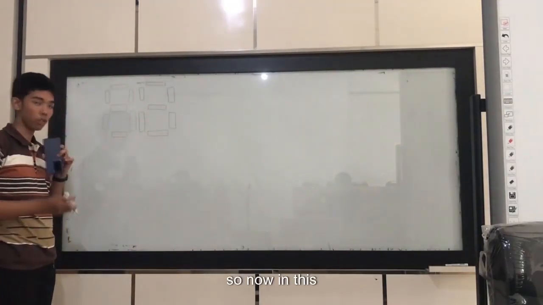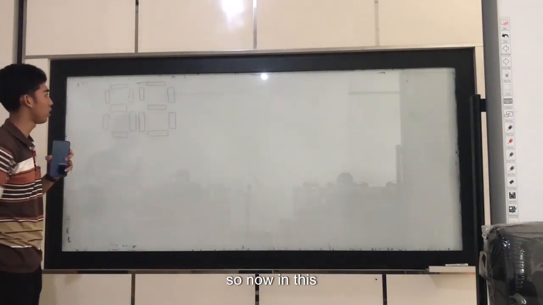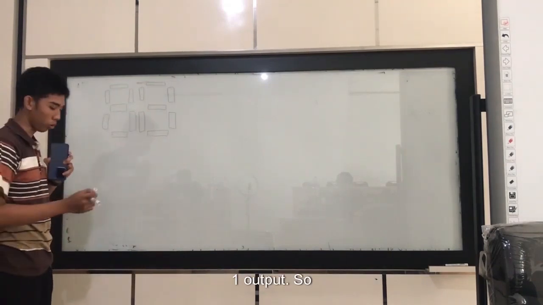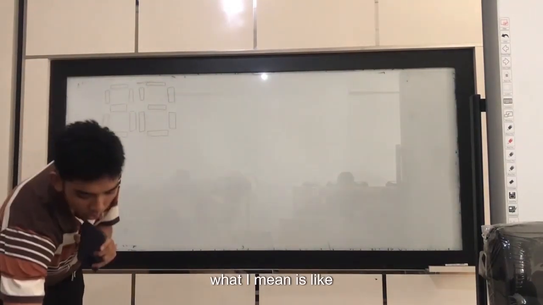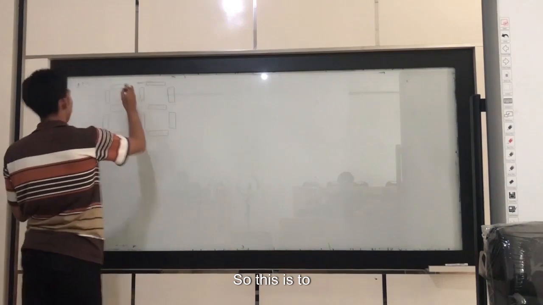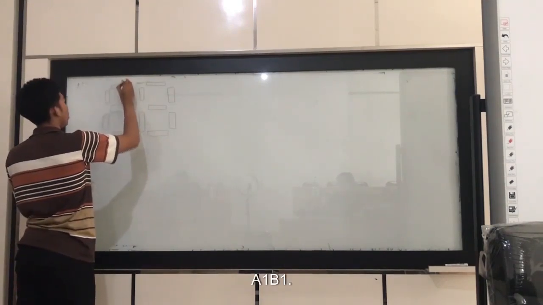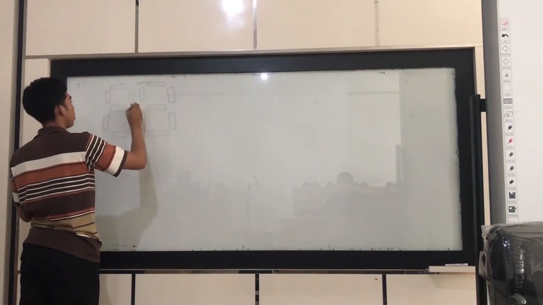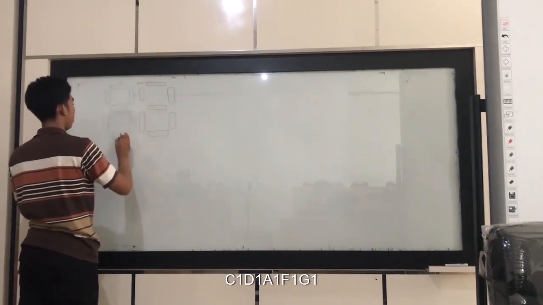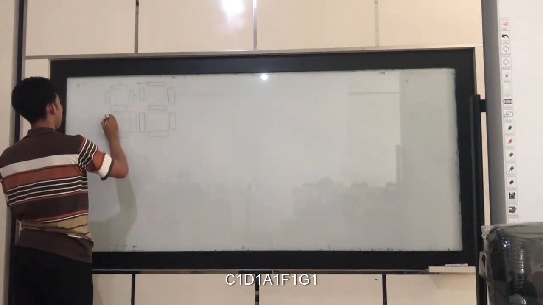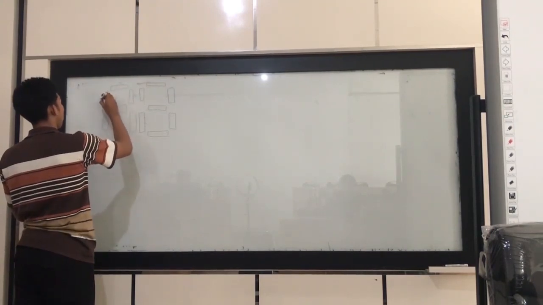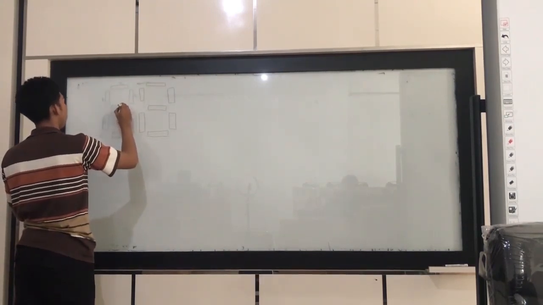Okay, so now in this each of the segments correlates to one output. So what I mean is like this. So this is A1, B1, C1, D1, E1, F1, G1.